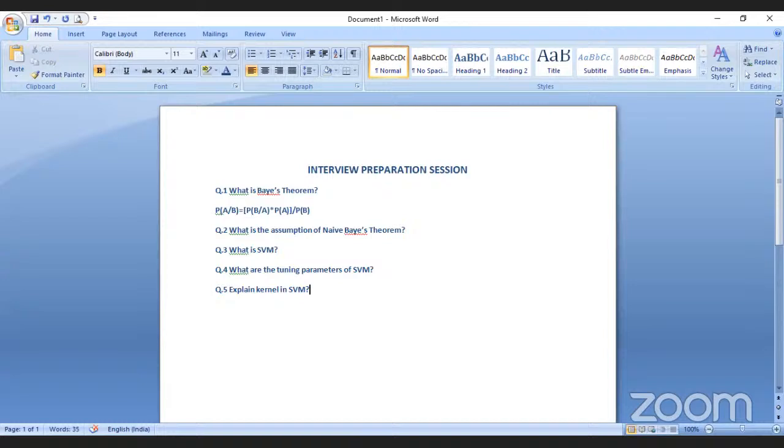When we can't segregate or classify the input variables, we need this kernel method or kernel trick to separate the data into different classes. There are different kernel tricks. Some examples are the linear kernel, the RBF kernel, and the polynomial kernel. There are other kernel methods as well.